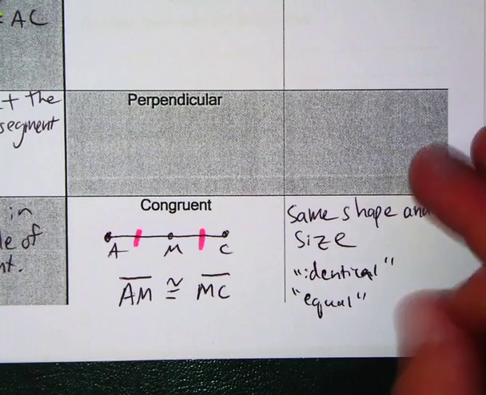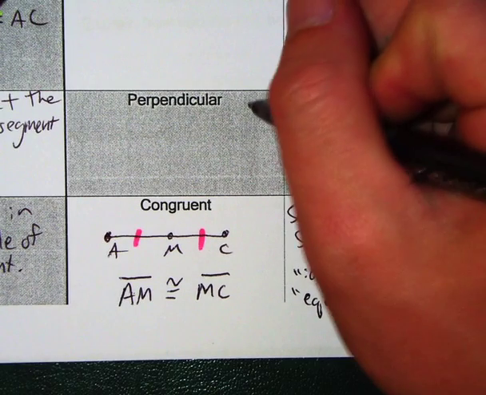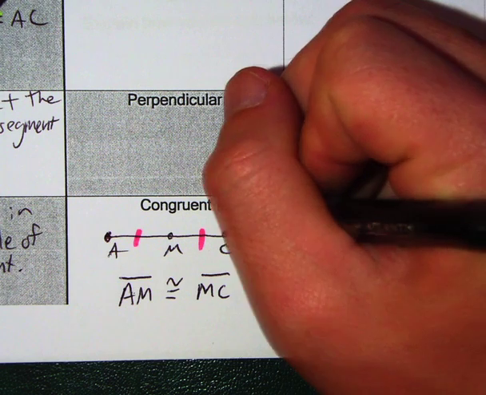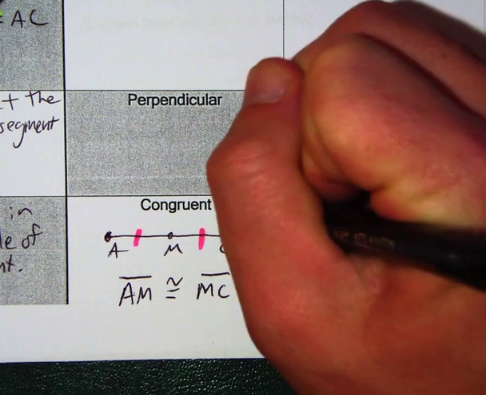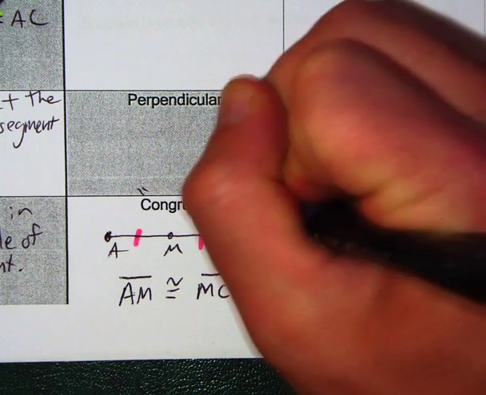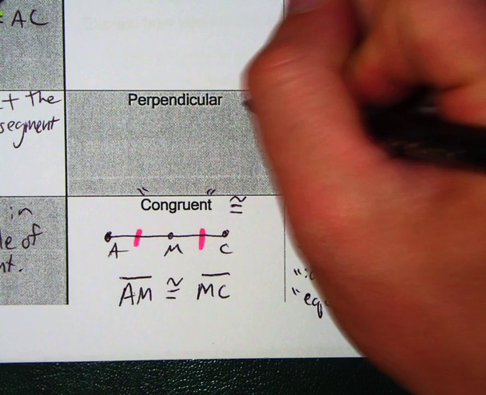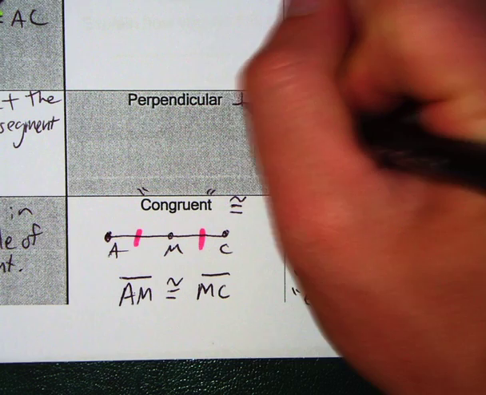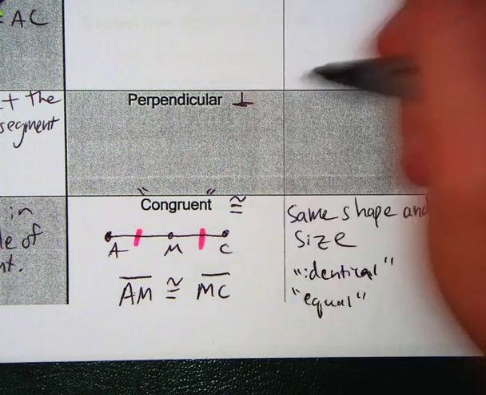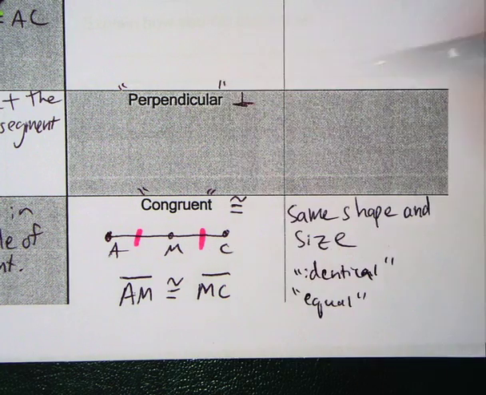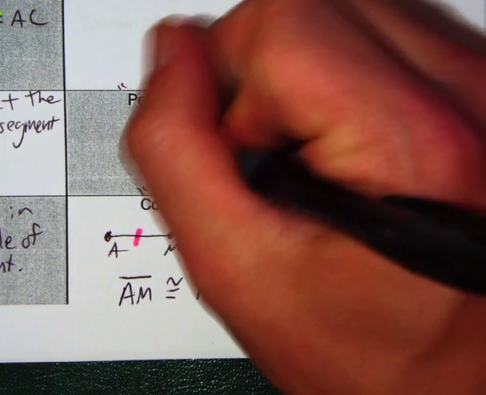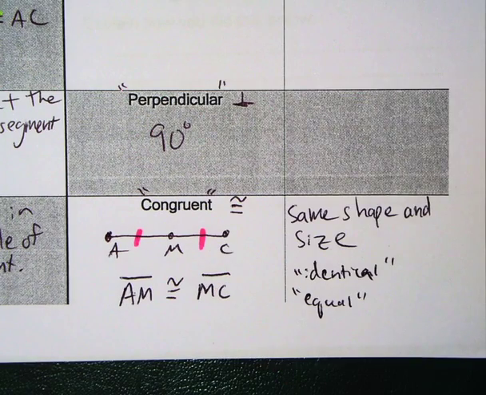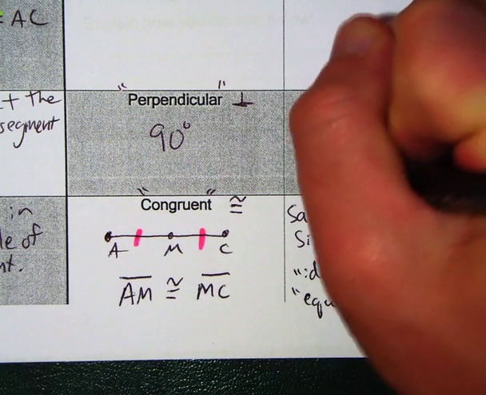Now if we move up here, we see perpendicular. There's a symbol that we use to speak perpendicular, just like there's a symbol we use to speak congruent. This is the symbol that we say congruent. The perpendicular symbol looks like a 90-degree angle. You speak it as perpendicular. It really means 90 degrees. So I could sketch over here.